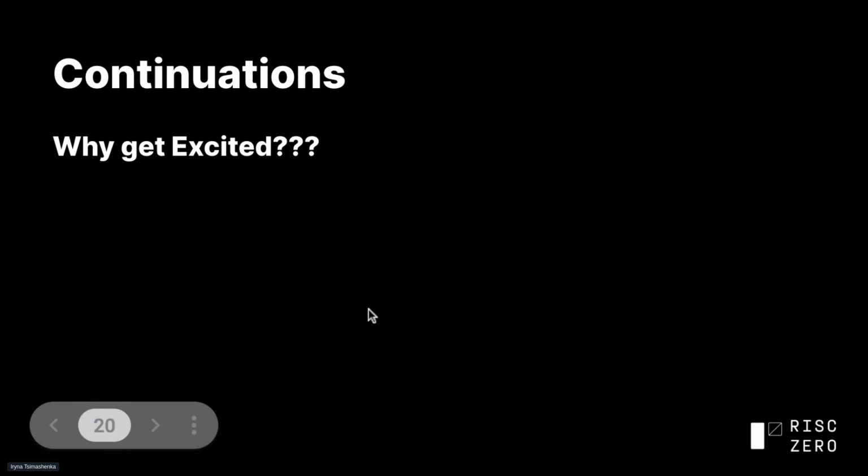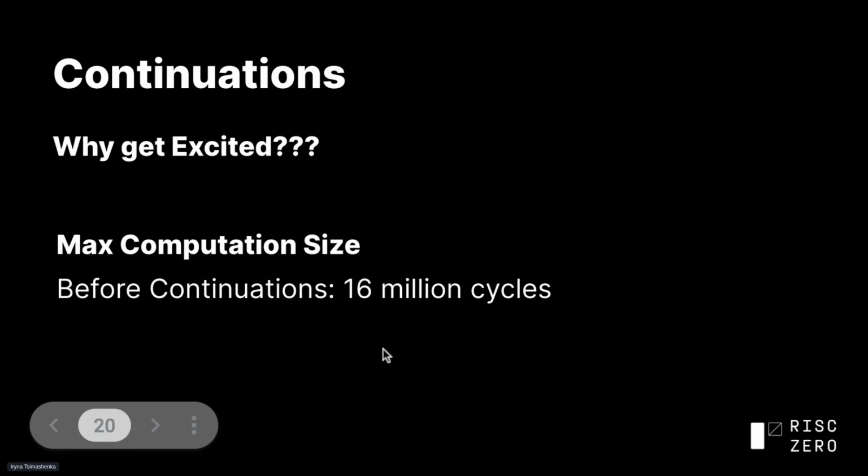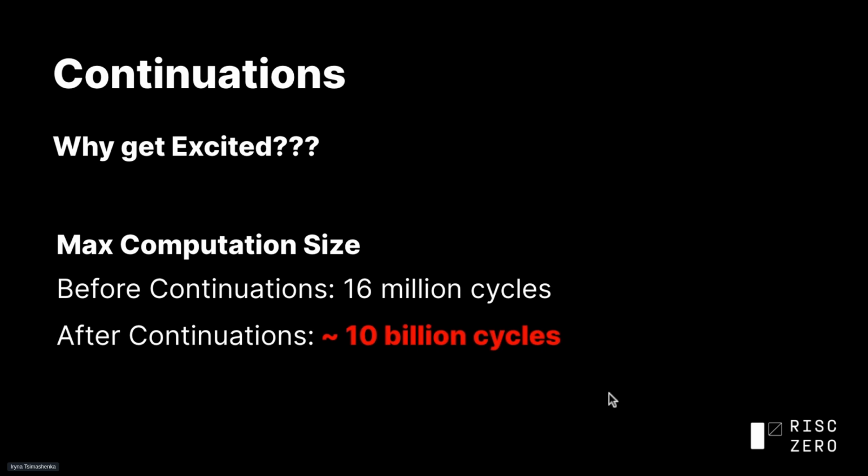And so before continuations, the maximum proof size was 16 million cycles. And now after continuations, it's around 10 billion cycles, and this is something that nobody else is doing, like the parallel proving.